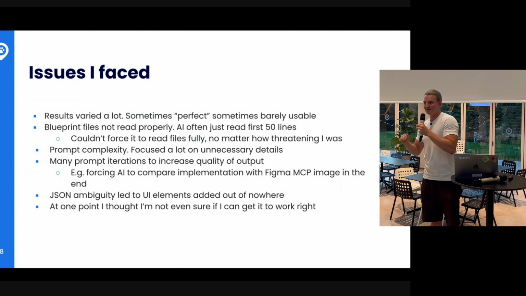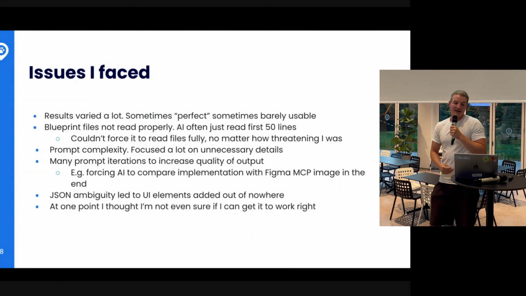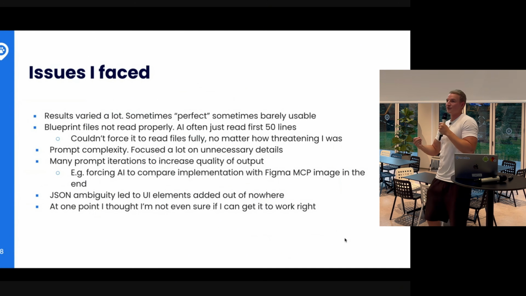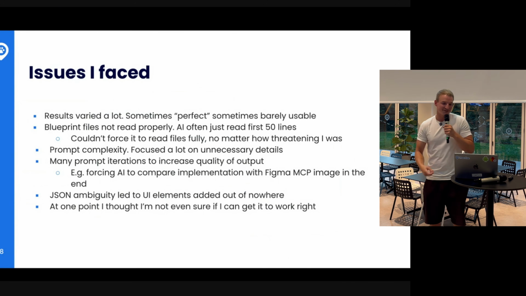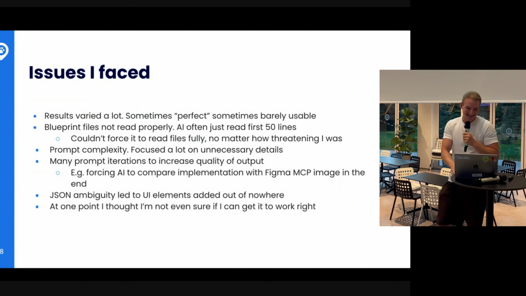Or I told you explicitly to use this or that, and it didn't for some reason. And I found out, for example, the blueprint files were not read properly, it just read the first 50 lines. And even if I threatened it or told it, hey, you must read the whole file, it wouldn't do it. It was depressing, to be honest.